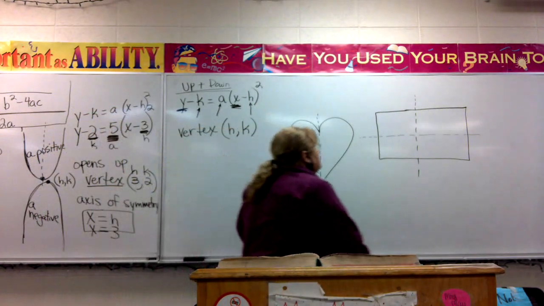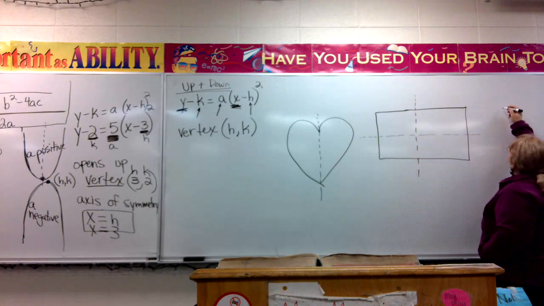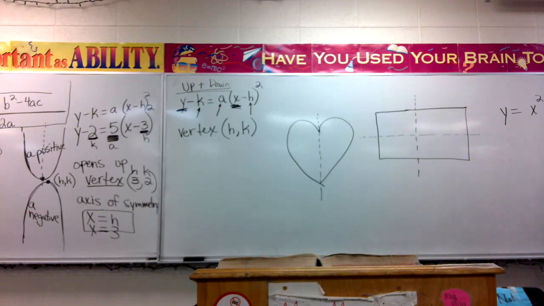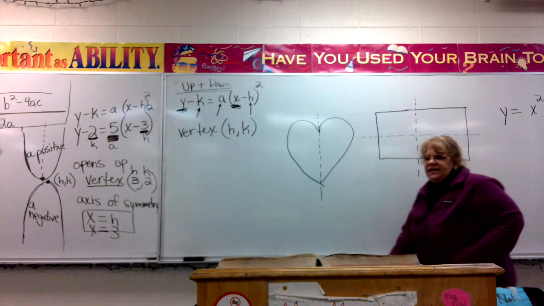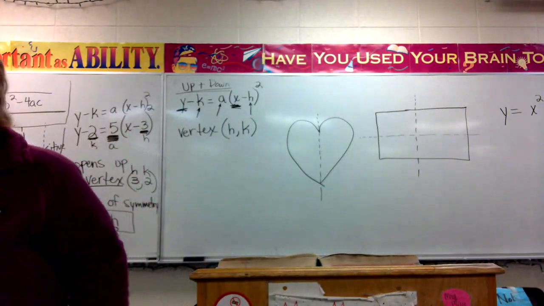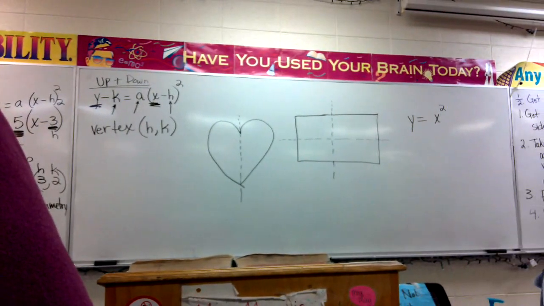Well, if I give you an equation like this, you're like, holy cow, that doesn't even look like any of the ones she just did, right? She always does the easy ones in class.